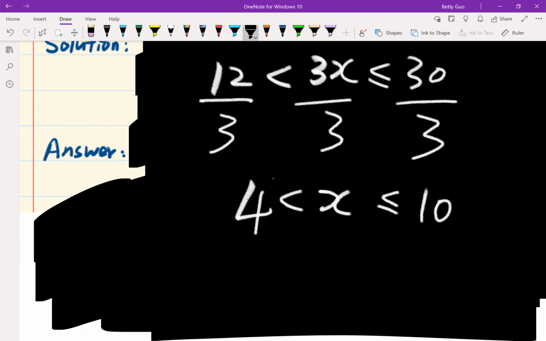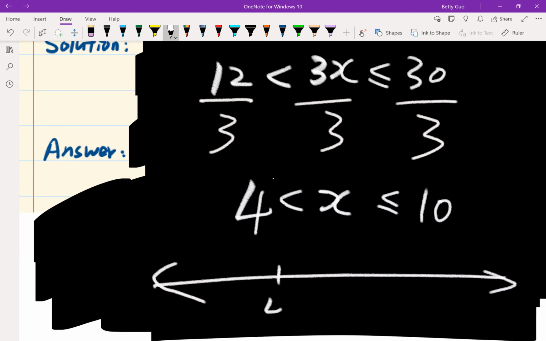Okay, so let's say this is a real number line. This is 4, this is 10. All the real numbers in between. At the 4, we have a parenthesis because 4 is excluded. At 10, we have a bracket because 10 is included.